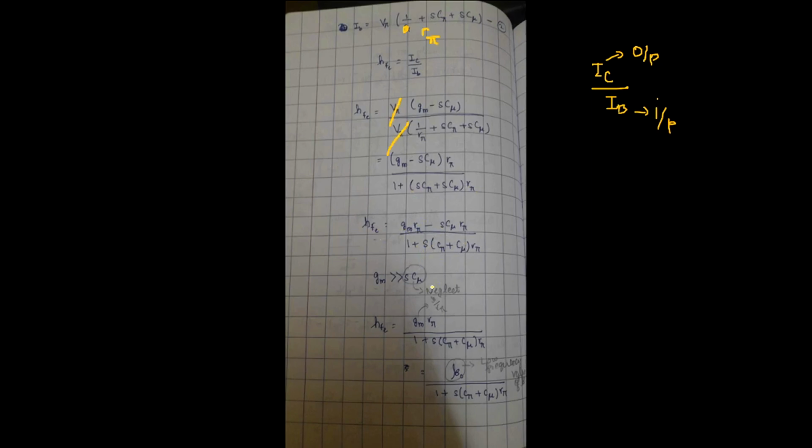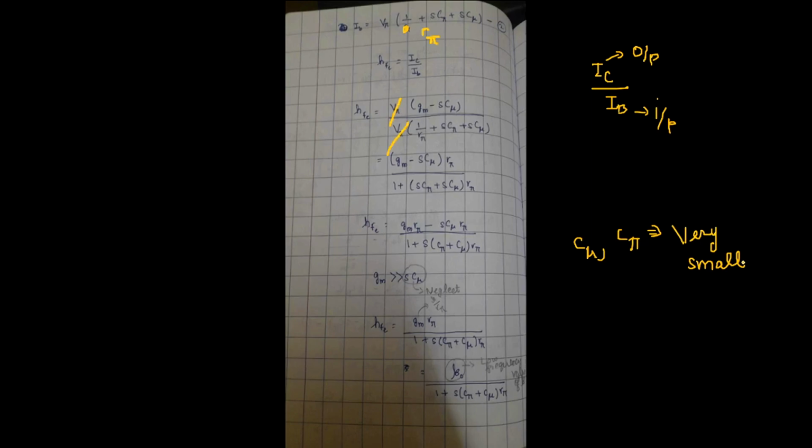One more thing is, like I said, the capacitance C mu is a very small quantity. C mu and C pi both are very small, because the devices are always built in such a way that these parasitic capacitances are minimum. However, we can't completely eliminate them, because of which we have to perform analysis to understand how they behave at high frequencies.